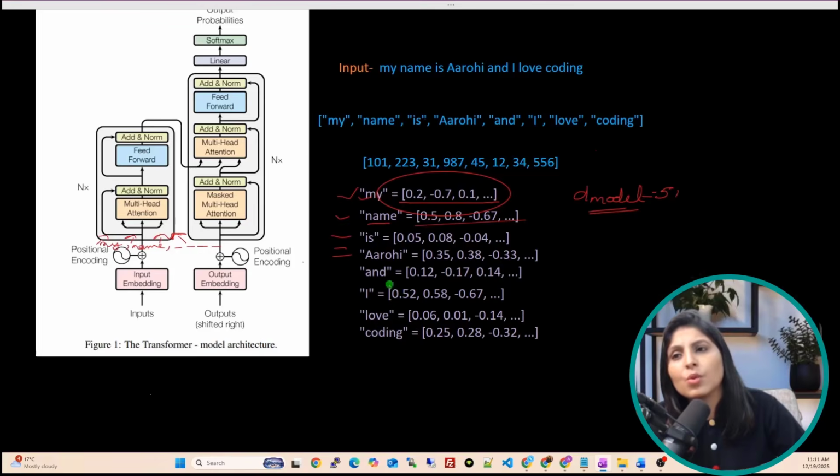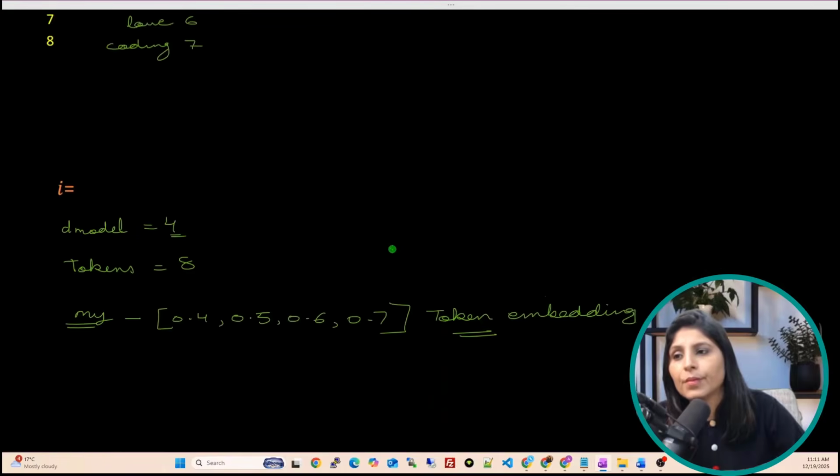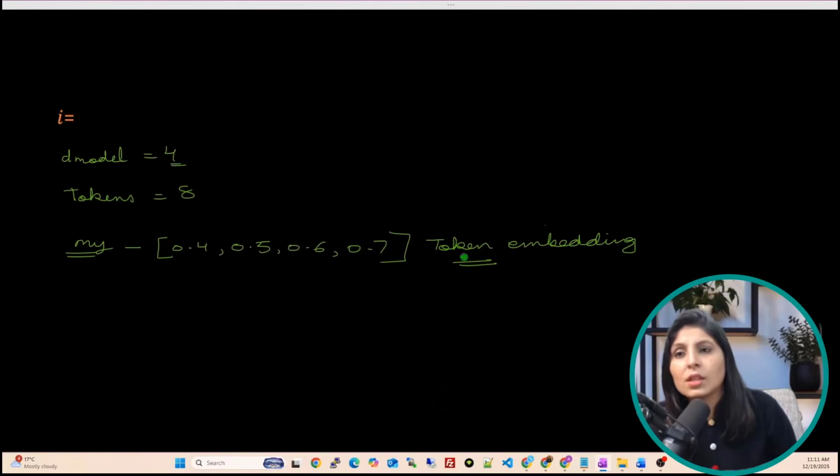In the same way, you will add positions of the other tokens. And how did we get these values? I told you in the previous class that initially these values are random, and with training, these values are learned. These are learnable parameters. So this is the token embedding.